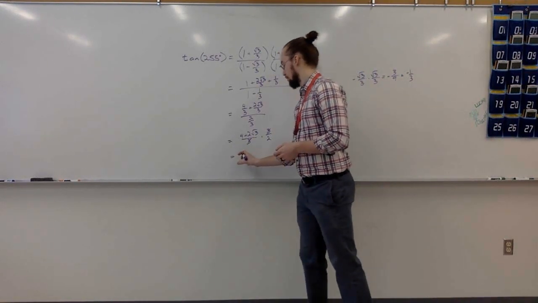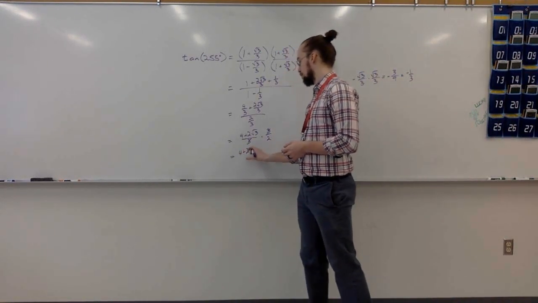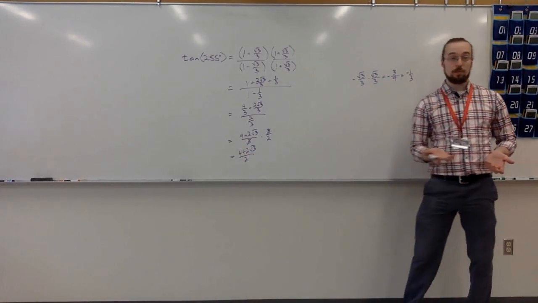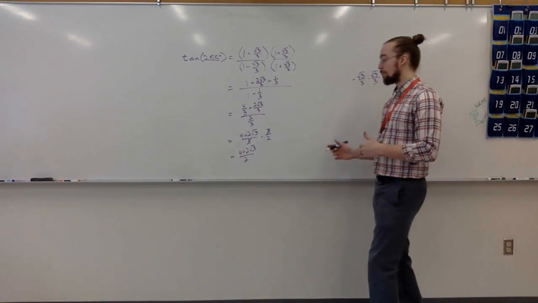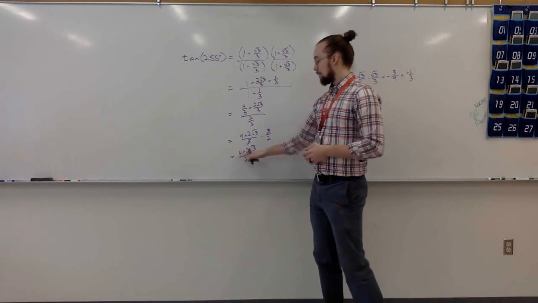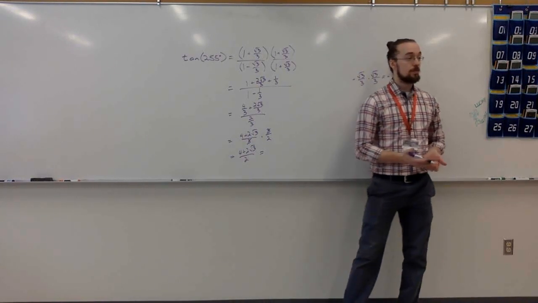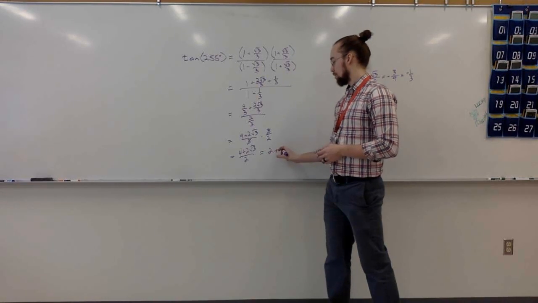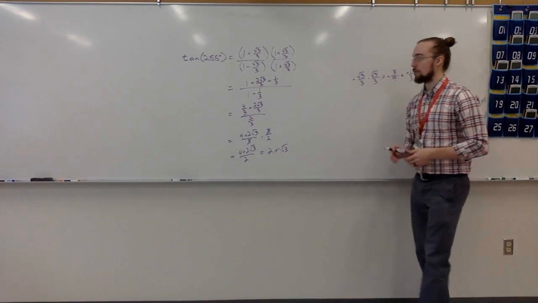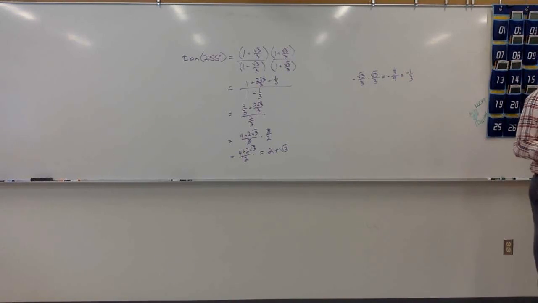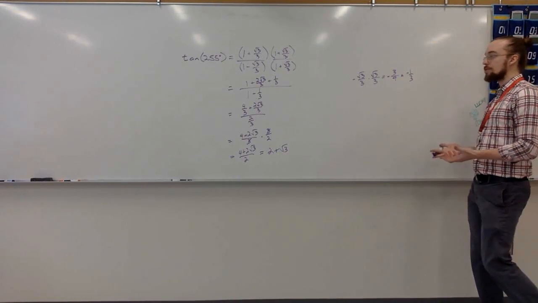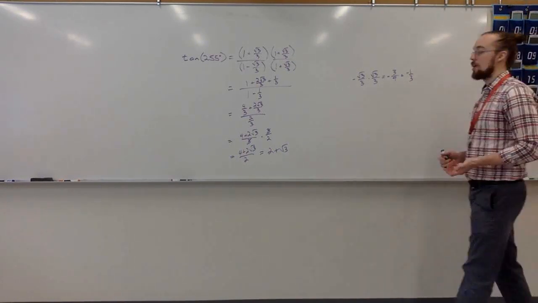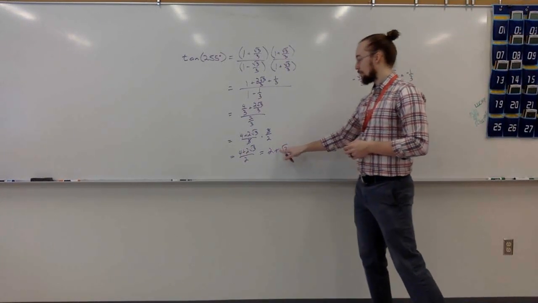And we end up with 4 plus 2 radical 3 over 2, which we can simplify a little bit further. Each of these is divisible by 2. So this actually just becomes 2 plus the square root of 3. That's an ugly simplification process, but we actually end up with a fairly nice answer at the end.